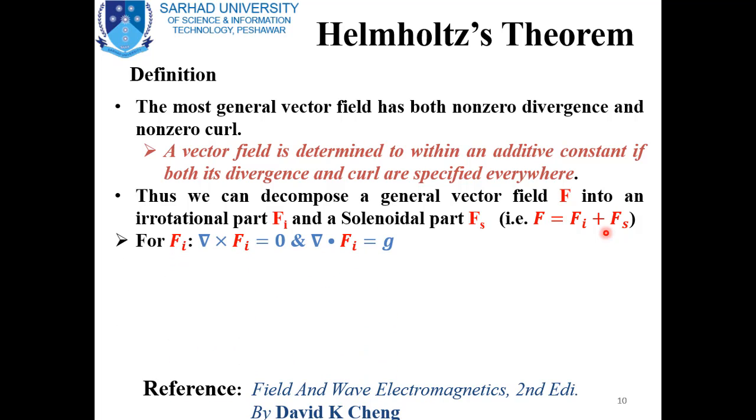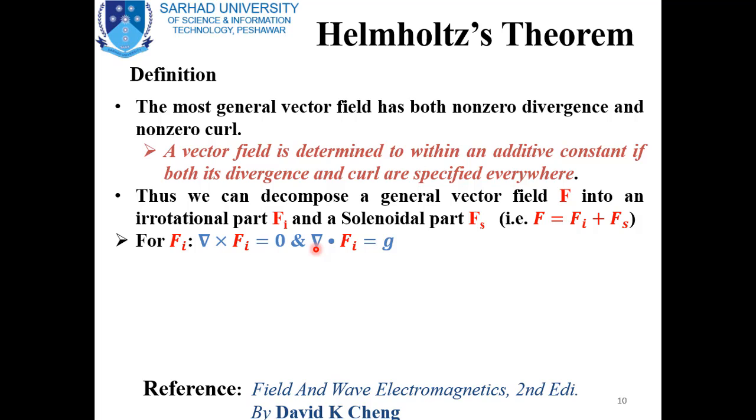And for fi, if the function is irrotational, then the curl of fi will be equal to 0 and the divergence will be non-zero.